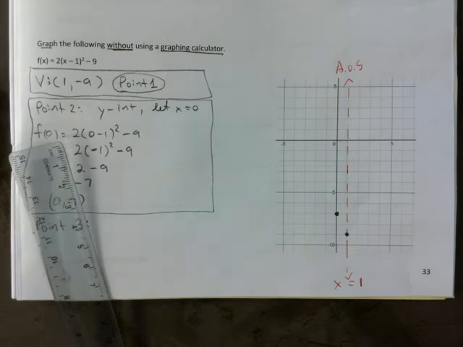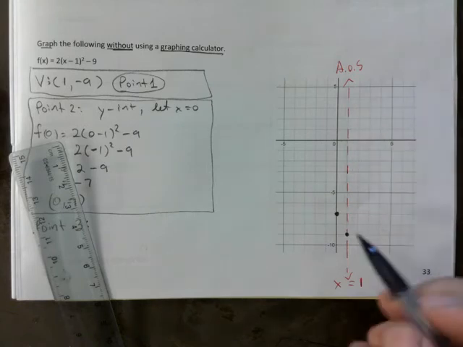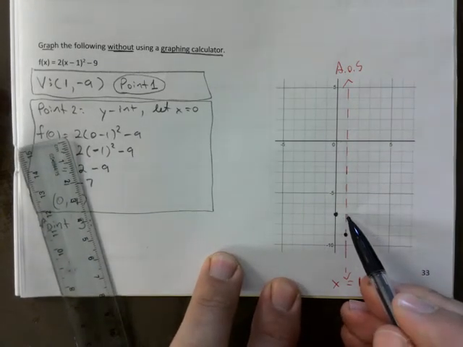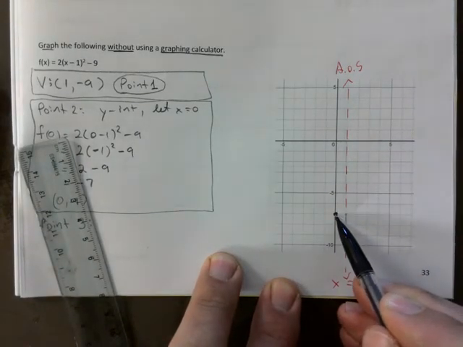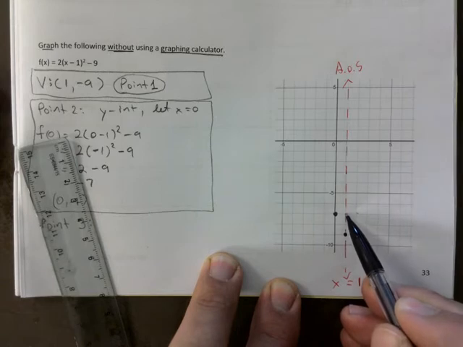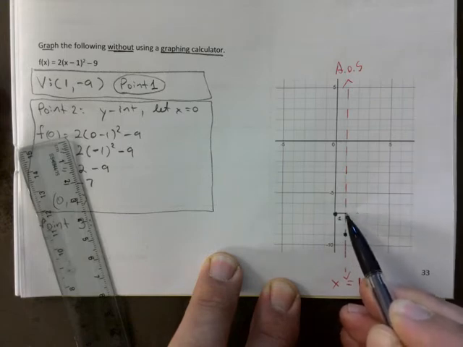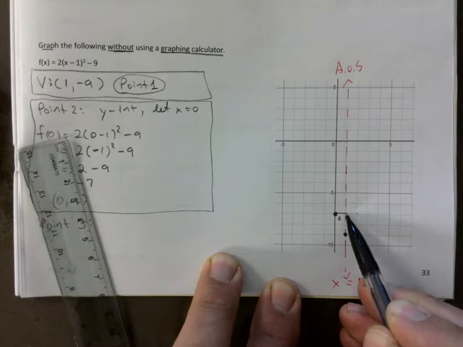So you almost want to imagine that you're going to fold this parabola along that line. So watch this. If you go from the center to either side, it should always take you the same number of steps to get to the legs, right? So if you go from the center, how many steps do you go to get to this point? One step, right? So how many steps would you have to take to go to the other side?